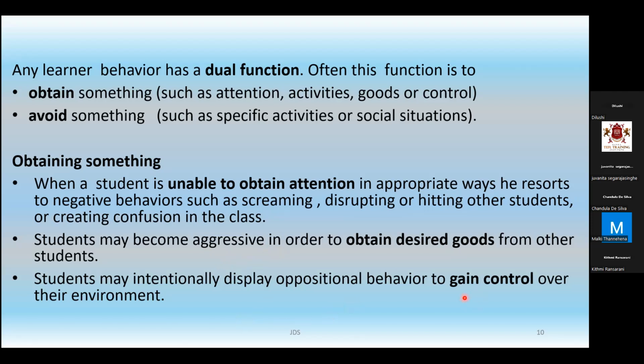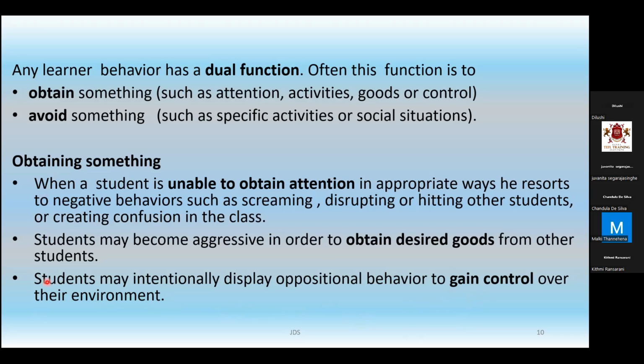Then the next one is to gain control over the situation. When they feel that they are weak or there are more able ones than them, they tend to take control over the situation. When there is an inferiority complex, they become rebellious and tend to take control over the situation, right?